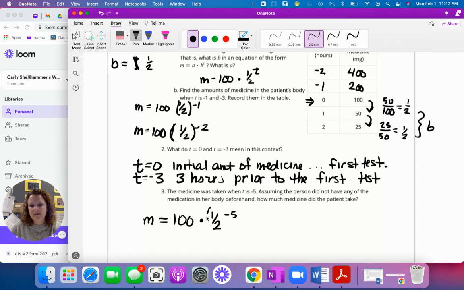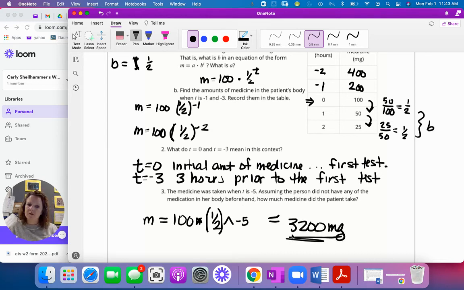And when I type this into my calculator, I type 100 times parentheses 1/2 raised to the -5. That's 3,200 milligrams.